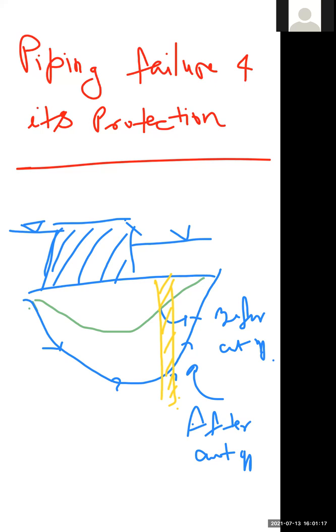These filters help in both avoiding the erosion of the particles of the protective material and reducing the head sufficiently in flow through this filter without the development of excess seepage pressure. So the specifications of filter design are as follows, based on the size of the grain.